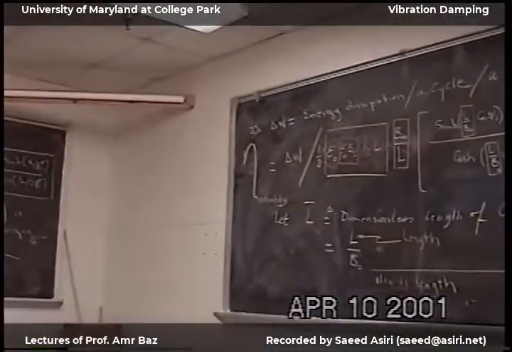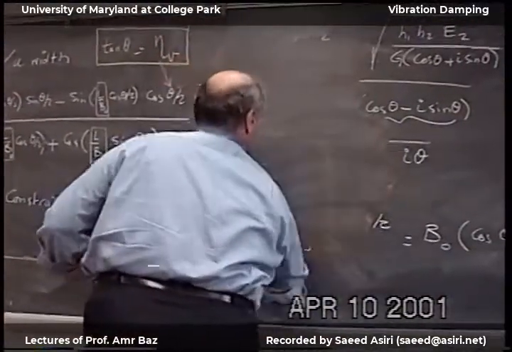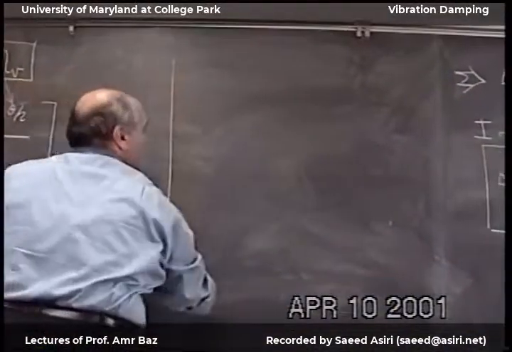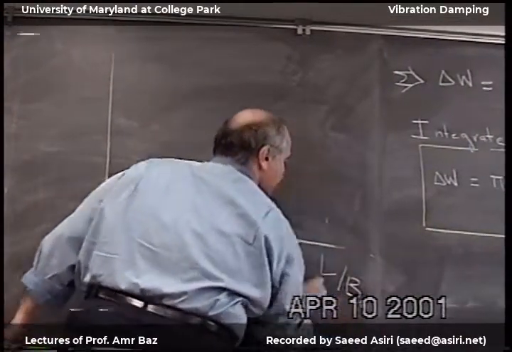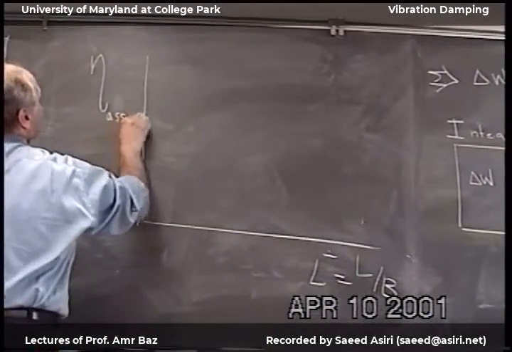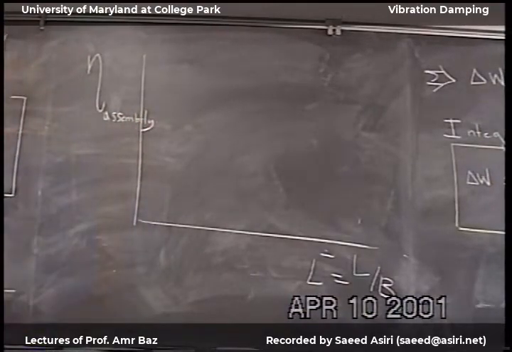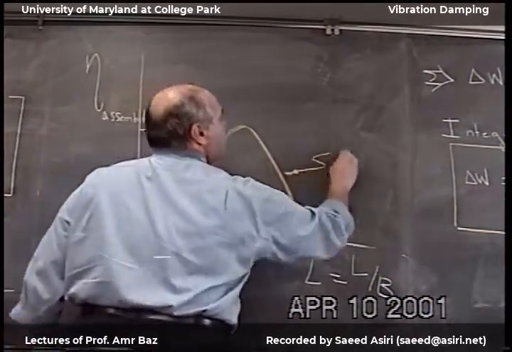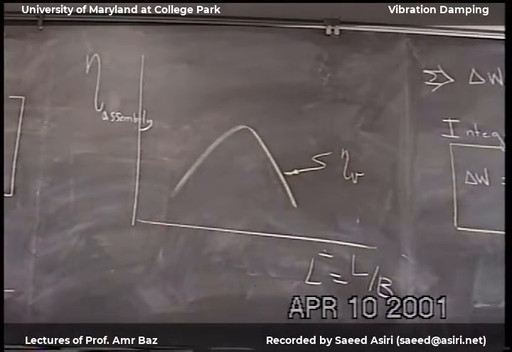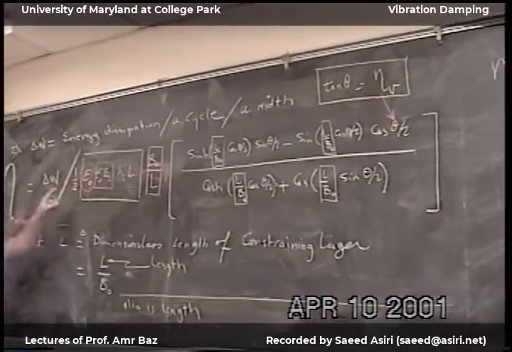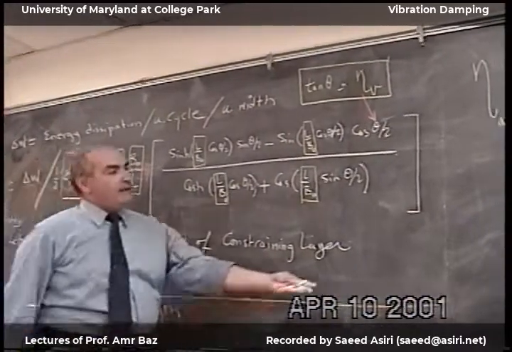Now we can come here and draw this. The beautiful thing is, for any viscoelastic loss factor, or for any theta, I can plot this parameter in terms of B0 and L, dimensionless length.